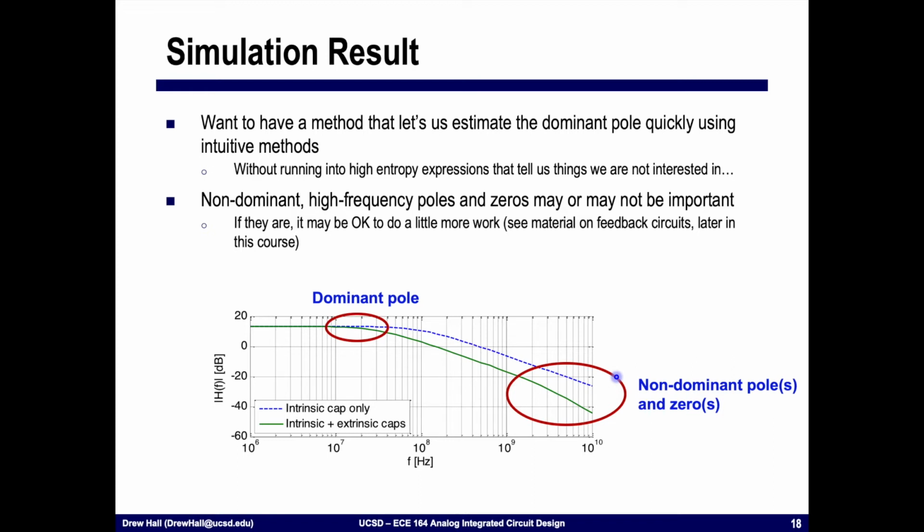If we really want exact expressions for these, there's no other way than to deal with those high entropy expressions I talked about previously. However, if we're more concerned with the dominant pole, we have a couple of tricks that we can do, and I'll walk through those right now.